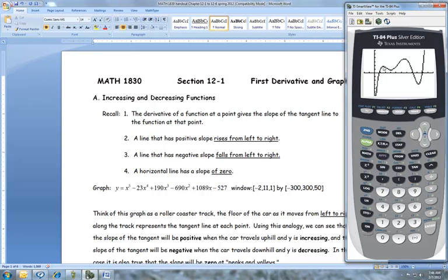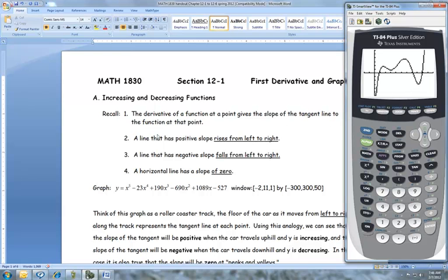All my tangent lines from my max here to the min here, from the min, this min, to this max, if you'll notice my curve is going up, which means all my tangent lines would have positive slope. Then from this max to this min, my tangent lines are negative. Also, my curve is decreasing. And after this last min, my curve is increasing.